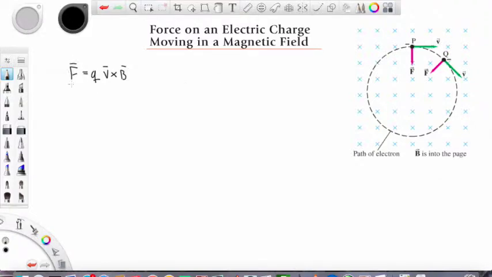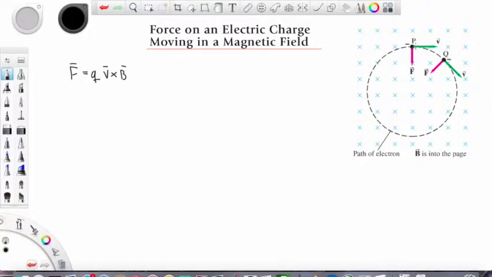First we have to define the direction of the force, so we need to calculate V cross B. We point our fingers towards V, to the right, and curl them towards B, into the screen. Our thumb ends up pointing upwards. But because the charge of an electron is negative, the force is in the opposite direction, downwards.